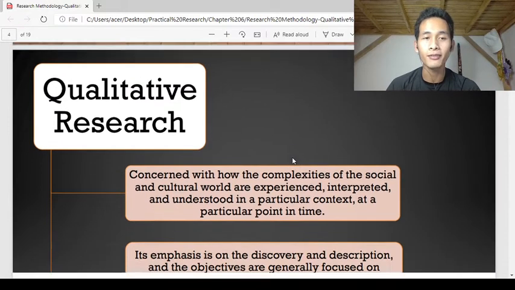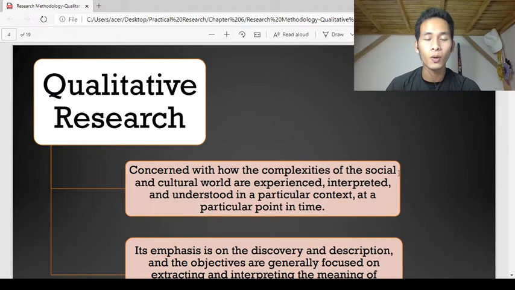What is qualitative research? Now, qualitative research is concerned with how the complexities of the social and cultural world are experienced, interpreted, and understood in a particular context at a particular point in time. As I've said kanina, diba, qualitative research is commonly used in social sciences disciplines such as sociology and anthropology.